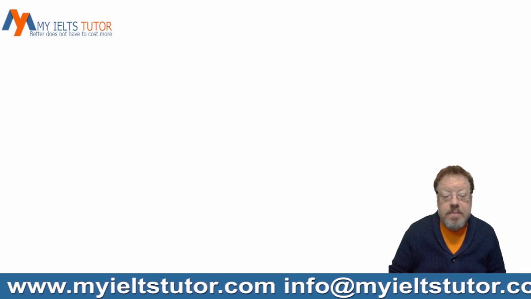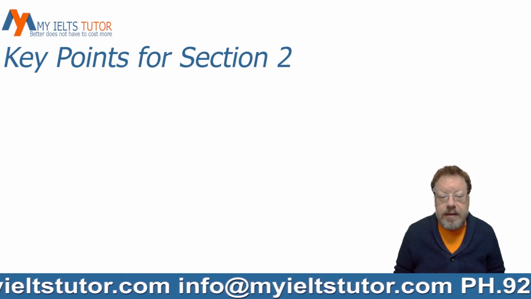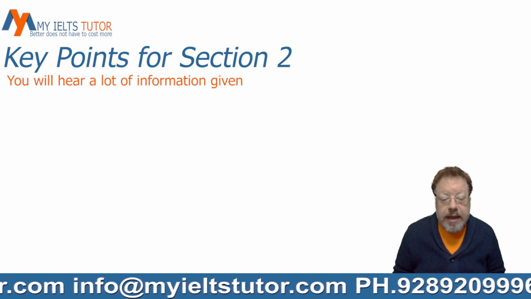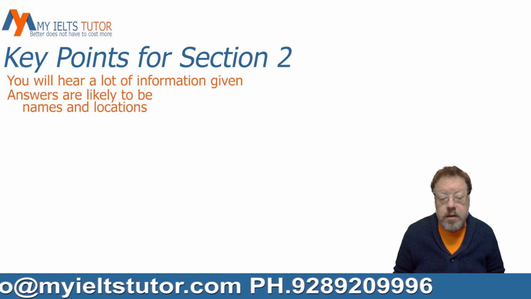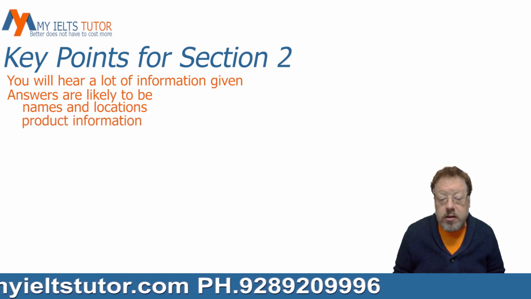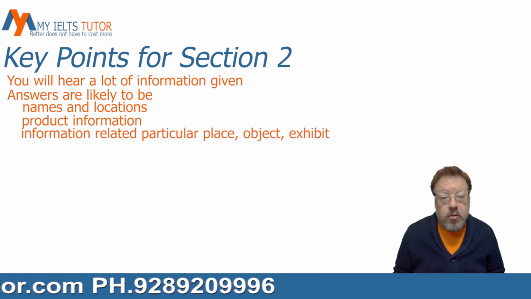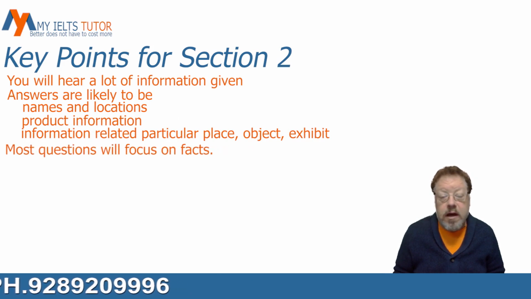Now, before we begin, there are some key points that you want to consider for Section 2. First, you will hear a lot of information, and the answers are likely to be names and locations, product information, or information related to a particular place, object, or exhibit. Most of the questions will focus on facts and facts only.